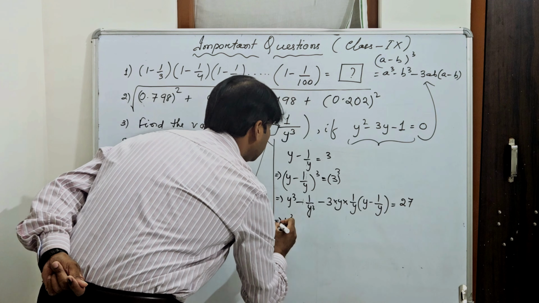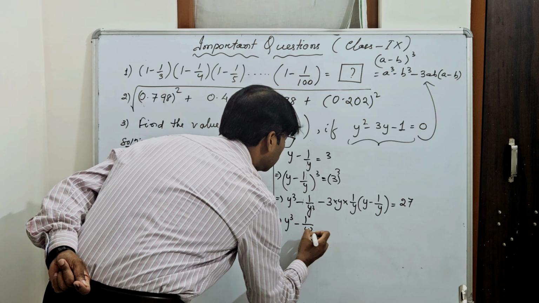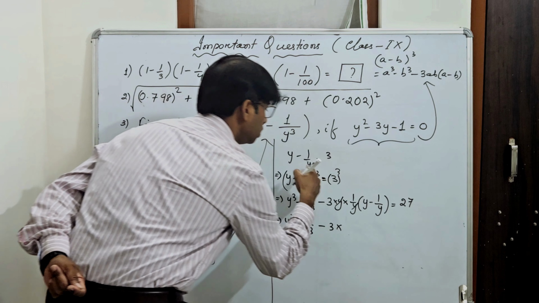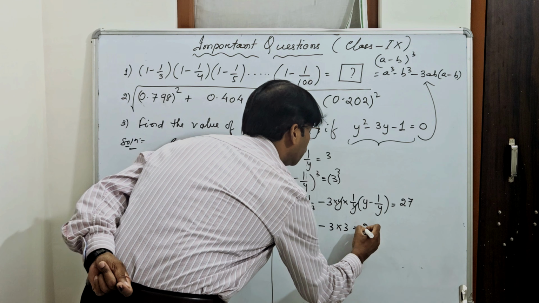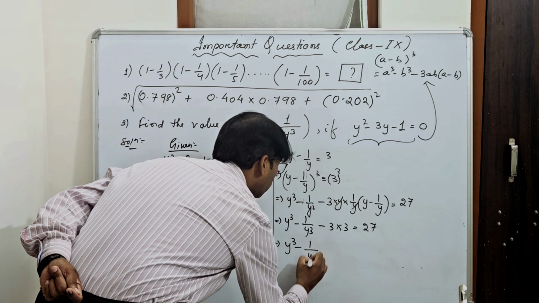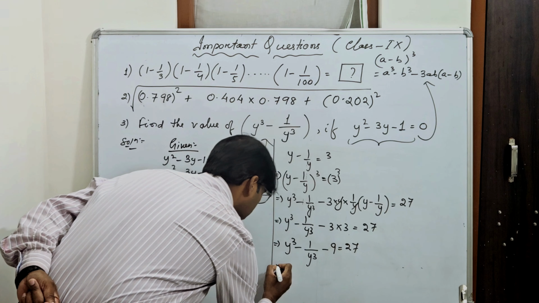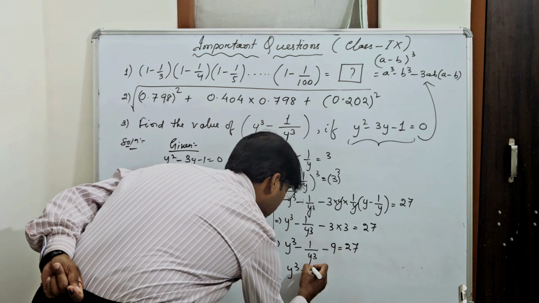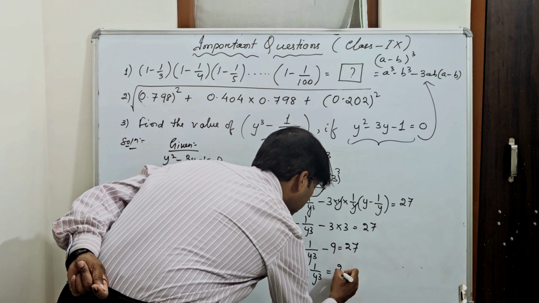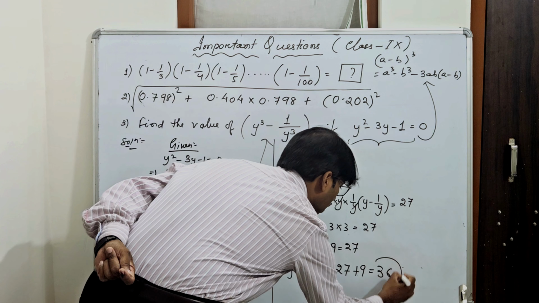So you see here, y³ − 1/y³, then y cancels, then 3 into (y − 1/y), which is 3, is equal to 27. Then it is y³ − 1/y³ − 9 = 27. And lastly the answer is y³ − 1/y³ = 27 + 9, which is equal to 36.